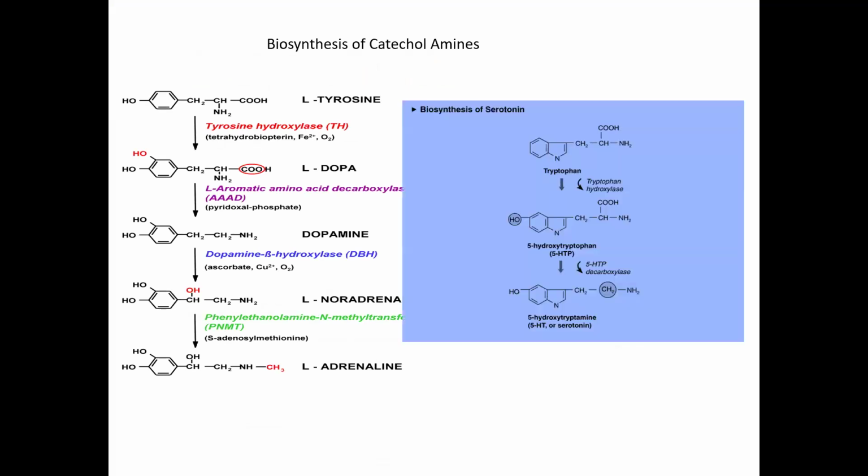And for the next one, another favorite molecule is serotonin. Instead of using tyrosine hydroxylase, they're going to use tryptophan hydroxylase. This time it's going to put one hydroxy on there, and then a 5-HTP decarboxylase.